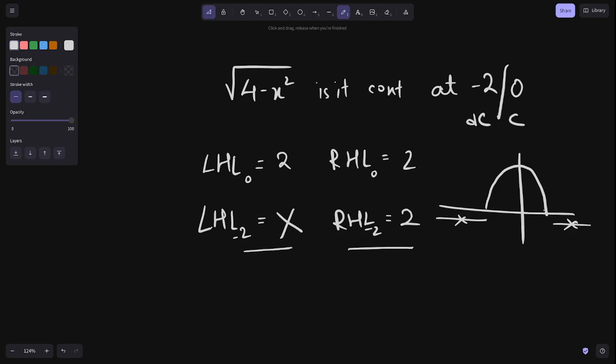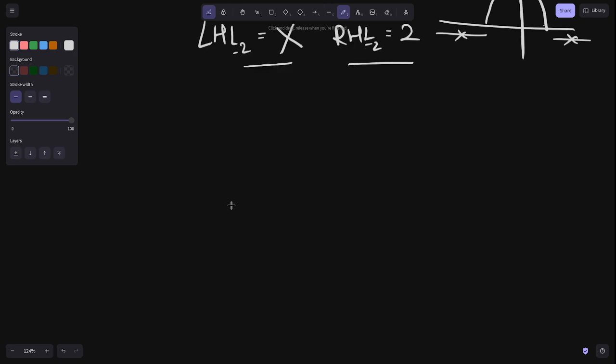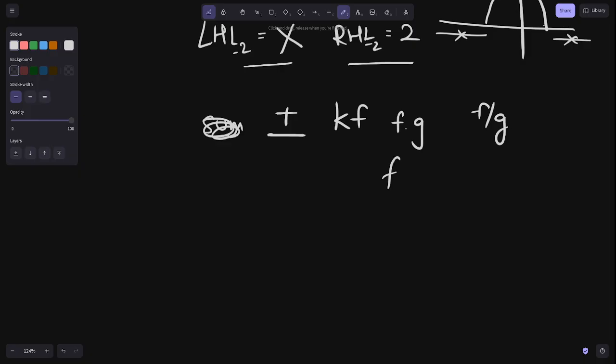Okay, so remember all those rules of sum. Sum, minus k into the function, product like f into g, f by g, f to the power n, all exist for continuous. So if both are continuous, these things will also be continuous. Okay, you can just prove it, it's not a problem.